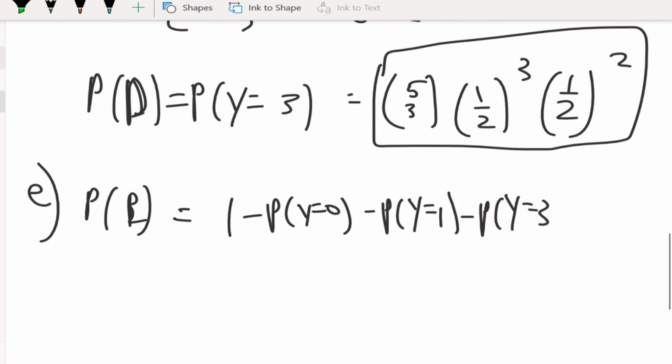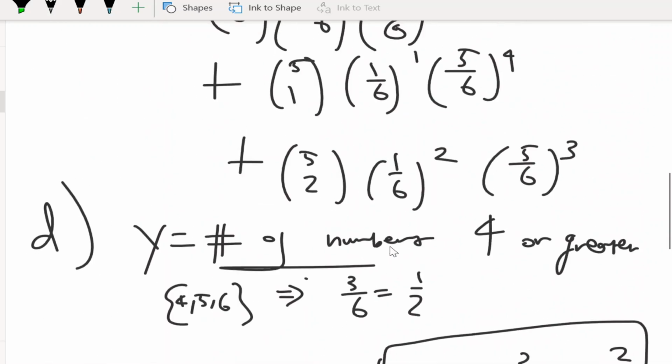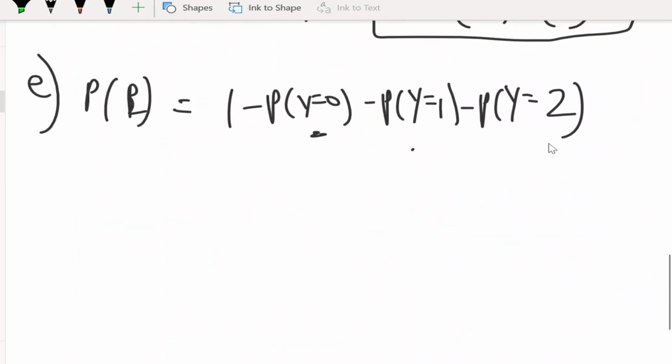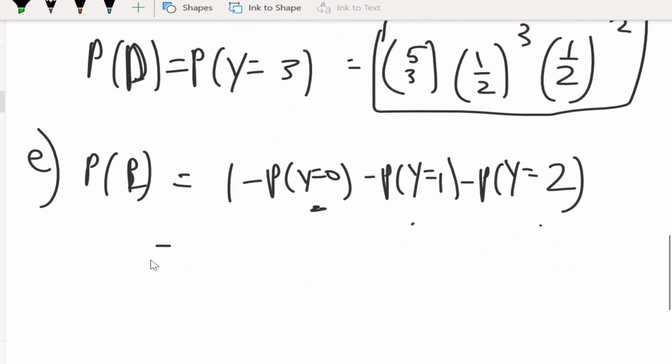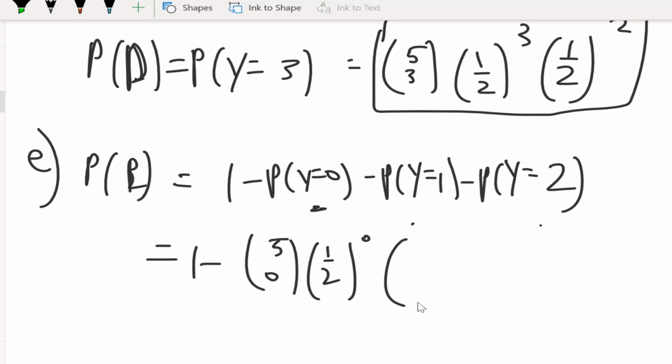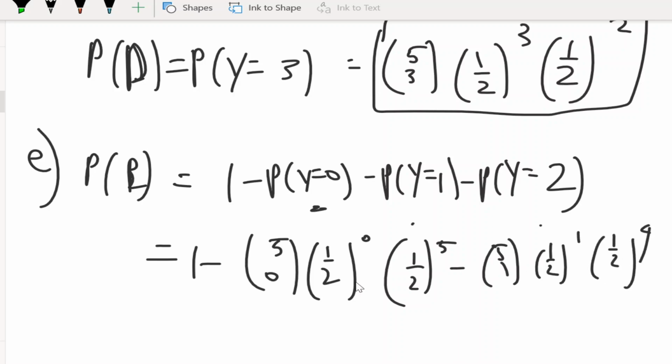A little out of it, I guess. So basically, this includes all realities except where we get only 0, 1, or 2 dice that are 4 or greater. So it's the same thing as before: 5 choose 0, half to the 0, half to the 5th, minus 5 choose 1, half to the 1, half to the 4th, minus 5 choose 2, half to the 2, half to the 3rd.